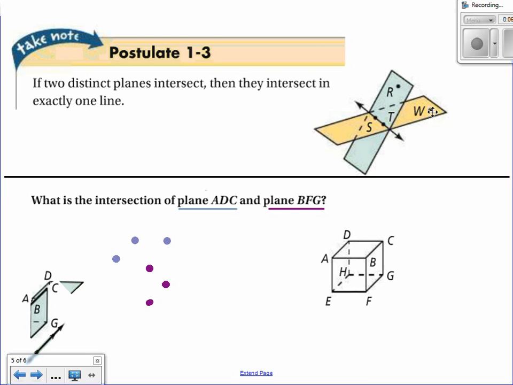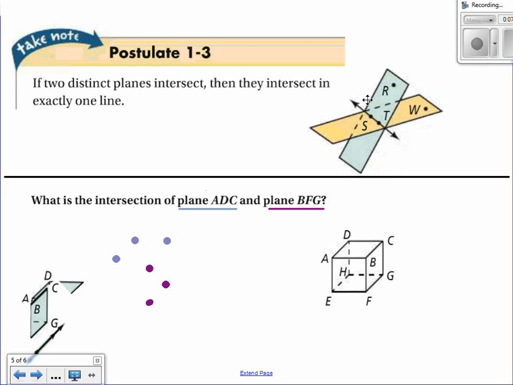Let's call those plane WST, intersecting with plane RST at the line ST. I thought at first they were calling that plane W, but it looks like they call that a point. So we're going to say point W. Therefore, it's plane WST. You could say it's plane WTS. Doesn't matter. And this plane is obviously RTS or STR, named by those 3 points, with that line intersecting.